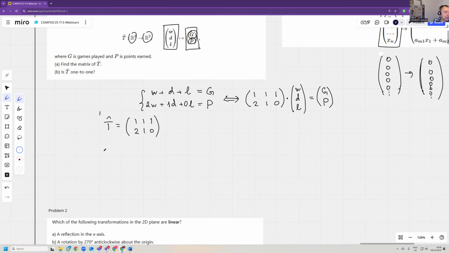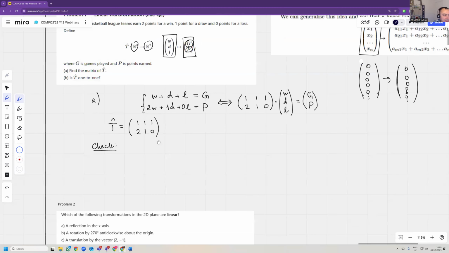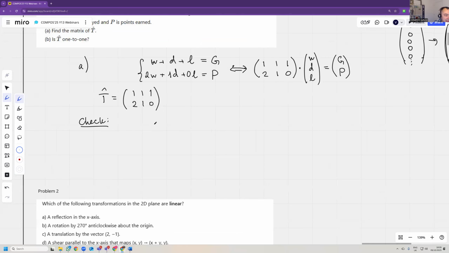Okay, let's check if that actually makes any sense. Imagine that we have a team which has 3 wins, 2 draws, and 2 losses. That means that the vector is 3, 2, 2.